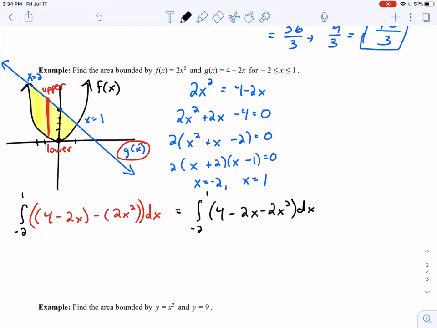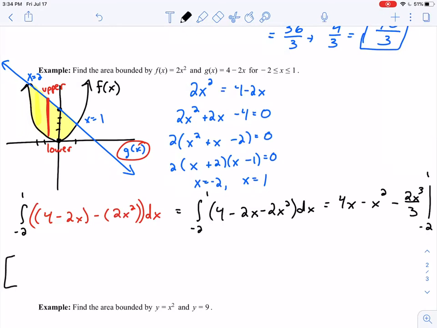There are no like terms or anything that I can combine. So the first thing I need to do, of course, is find my antiderivative. So I should have 4x minus x squared minus 2x to the third over 3. And I'd like to evaluate that at 1 and negative 2.